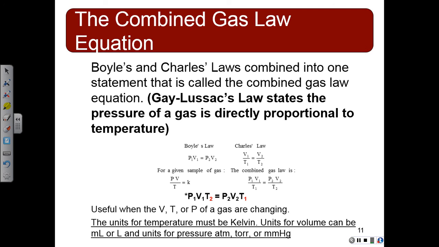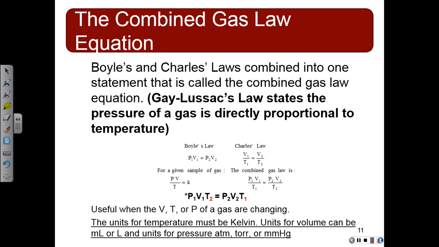For the combined gas law, look at your sheet. This is very important. Notice right here, it's in bold, combined gas law. As you go down, it tells you about combined gas laws. Temperature must be in what units? Kelvin. As for pressure and volume, it doesn't matter if you use milliliters or liters.